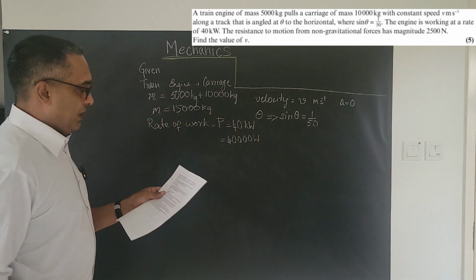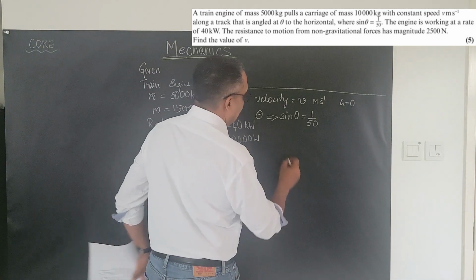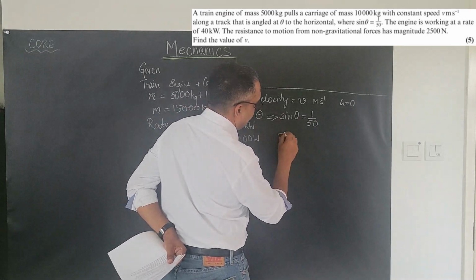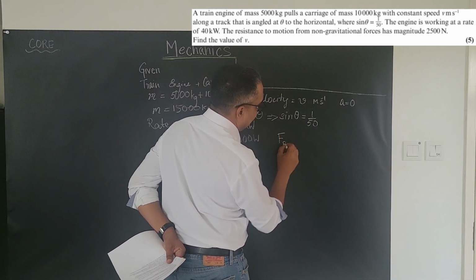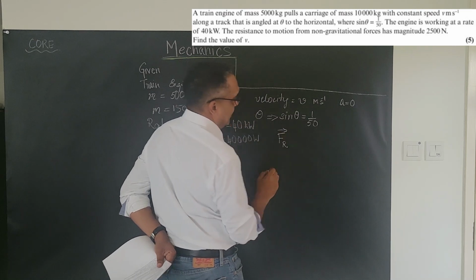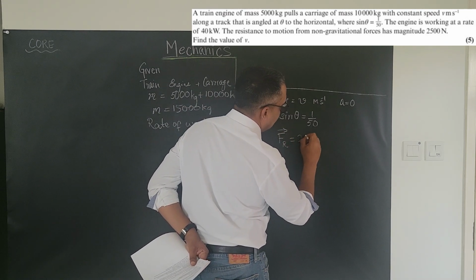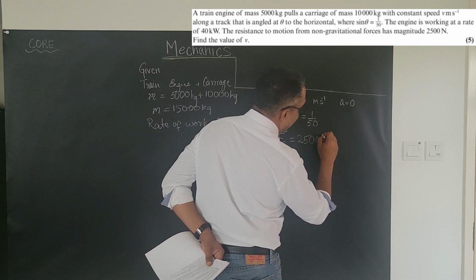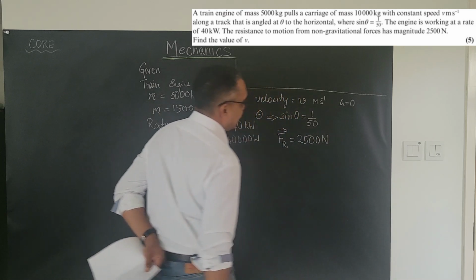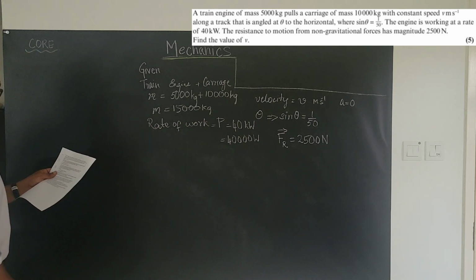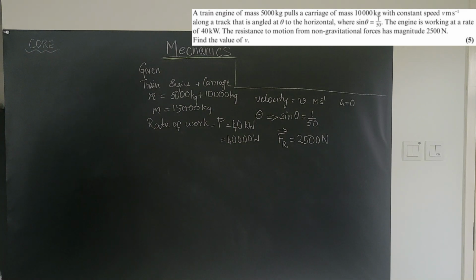What else are we given? We're also given the force of resistance to motion, right? And this is non-gravitational, 2,500 newtons. What are we going to do with this? We're going to try and find the value of v.